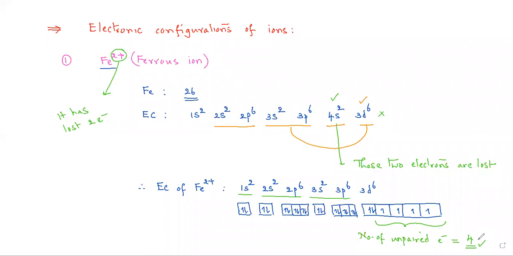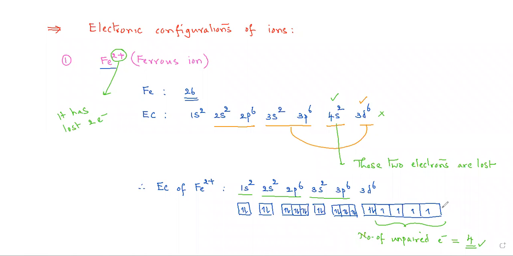Of course, we'll go for so much information on this in atomic structure, in periodic table, even in chemical bonding. We'll go for all these things again and again in all these 3 topics. But for now, I just wanted to tell you that the electrons are lost from 4s, not from 3d.